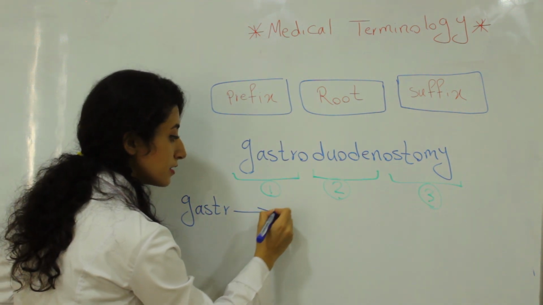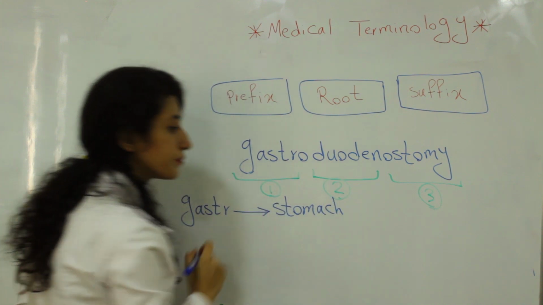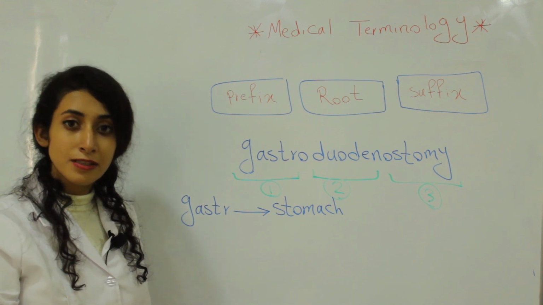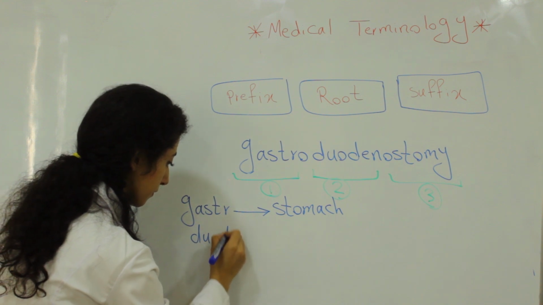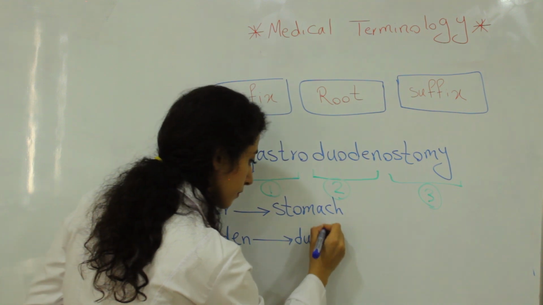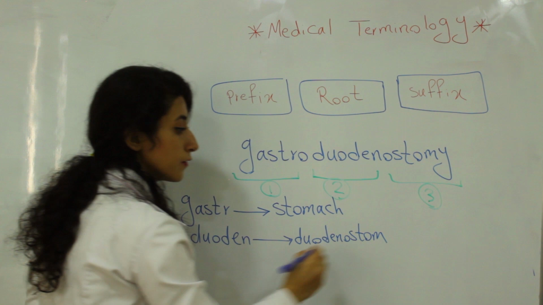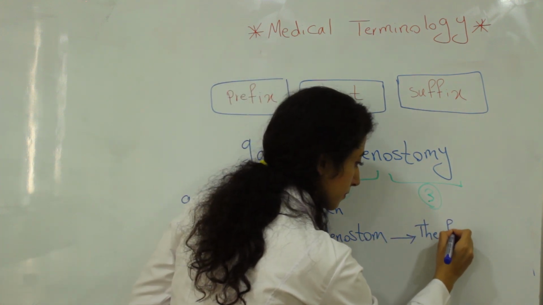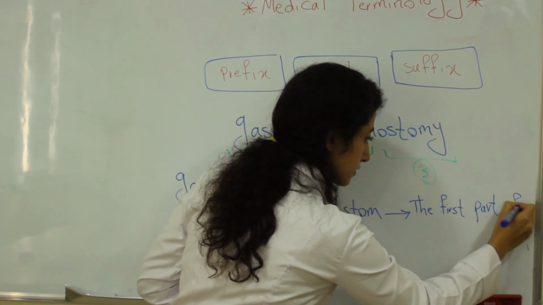Gastro represents the stomach. Duoden represents the duodenum. The duodenum is the first part of the small intestine.